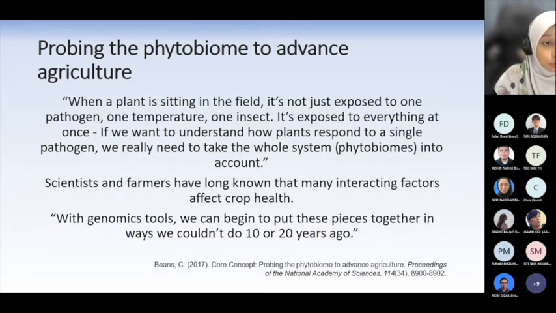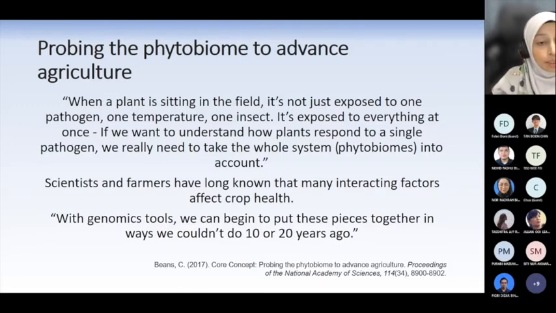Then we can prove that that specific pathogen actually causes the disease. But then we are not looking at the whole system, right? There could be environmental stresses, and the pathogen could be an opportunistic pathogen that somehow becomes virulent because of other factors that are affecting the pathogen.